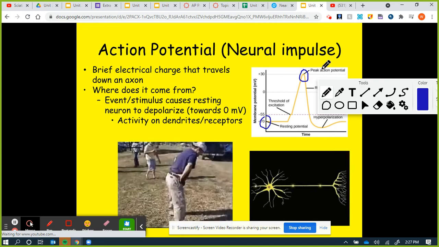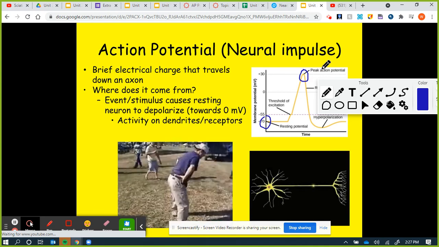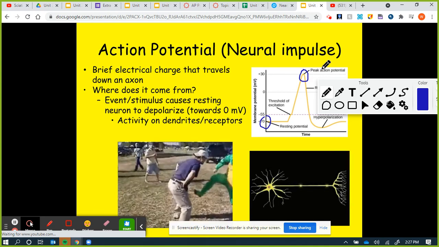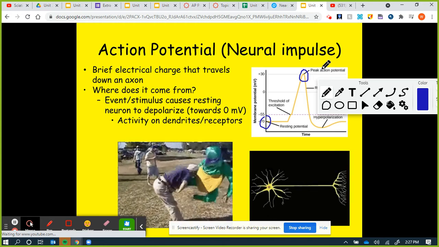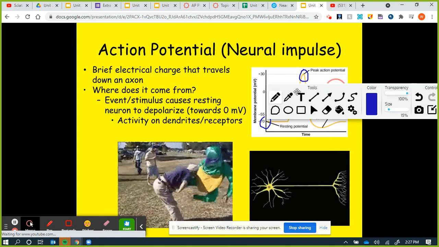It causes it to depolarize. It's not as extremely negative. And this is caused by the activity on the dendrites.